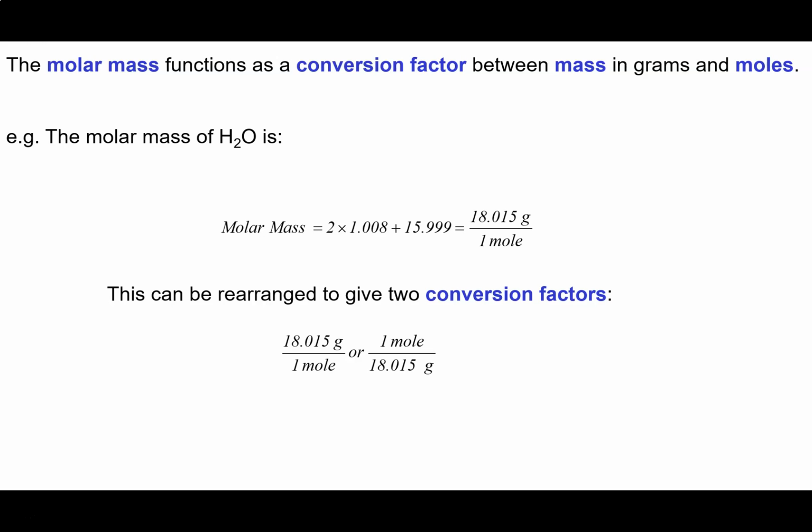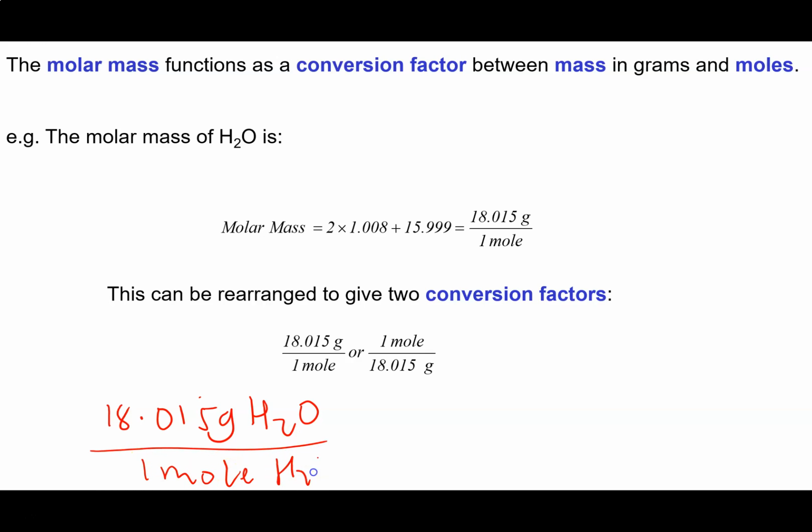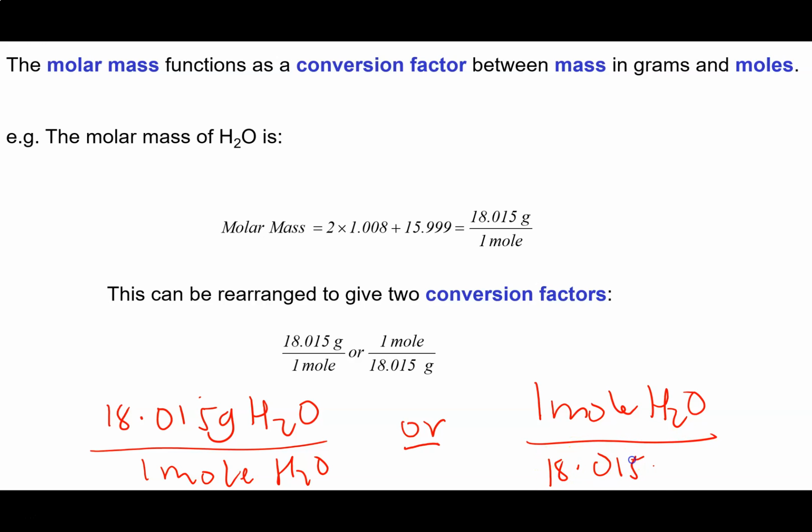The important thing to recognize about the molar mass, just looking at the example for water here, is that I get 18.016 grams of water for every 1 mole of water. You see how I've got those 2 different units, top and bottom. So this can function as a conversion factor, and just like all conversion factors, it can be written either way up.